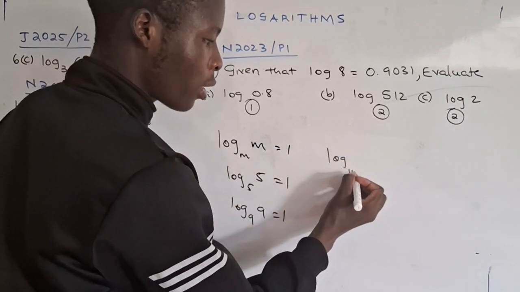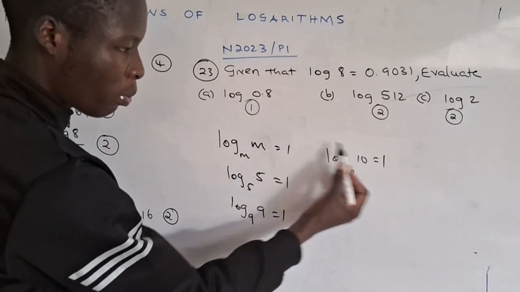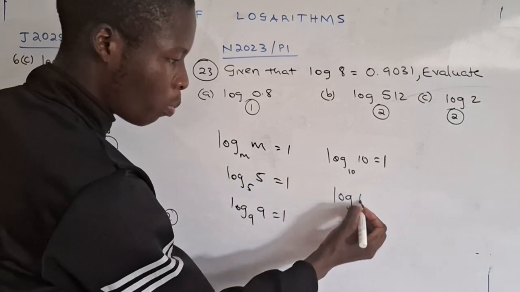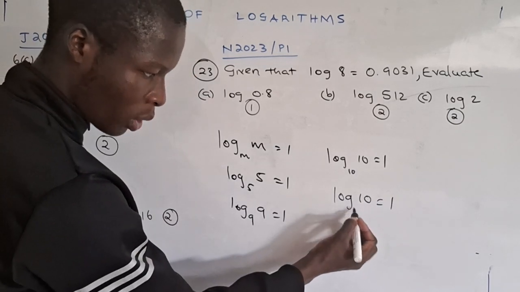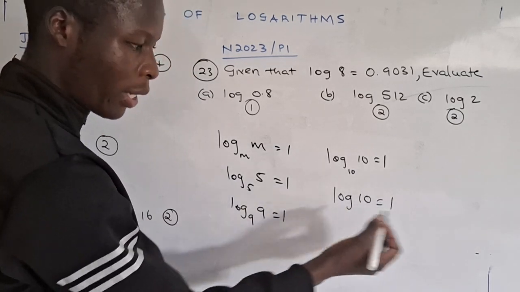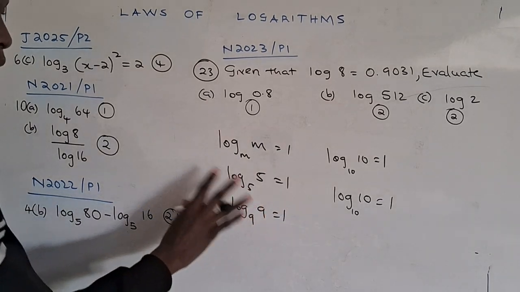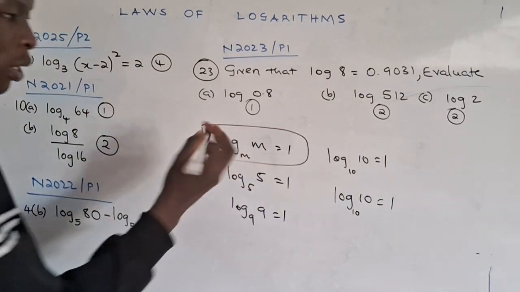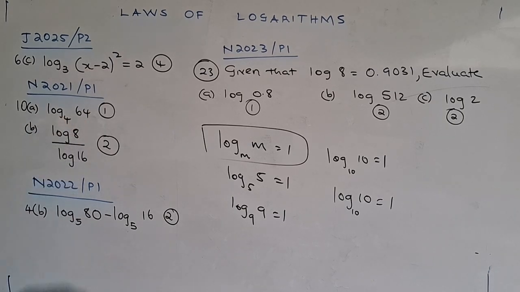Log base 10 of 10, the answer is 1. And you are supposed to know, if I just write log 10 like this, the answer is 1. By default, if I write like this, this is log base 10. This is very important. Please take note of this law, because we are going to use it here.